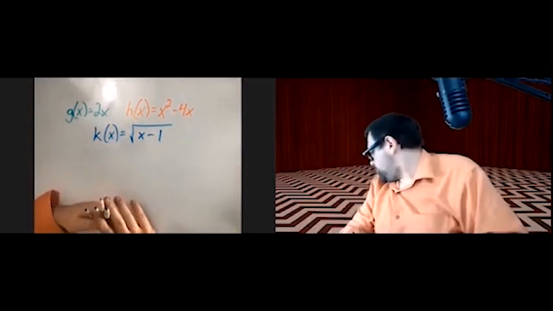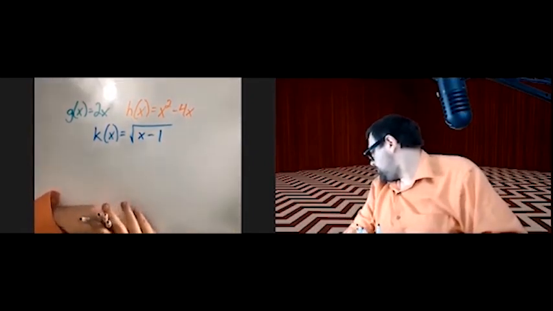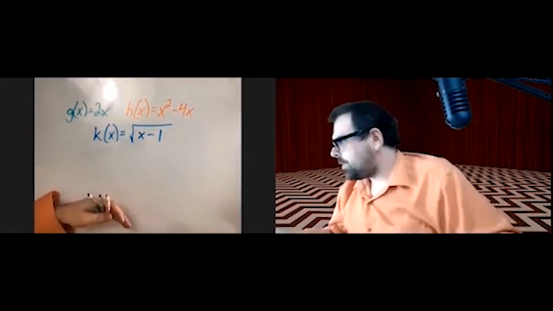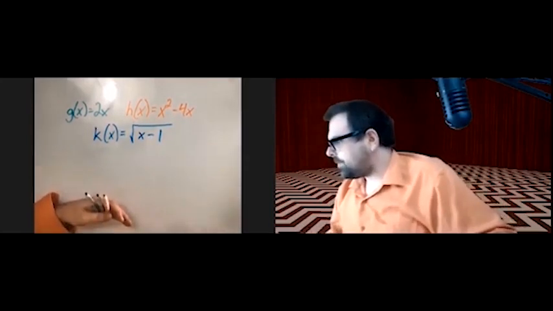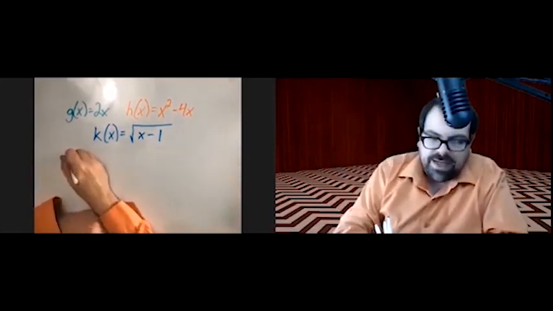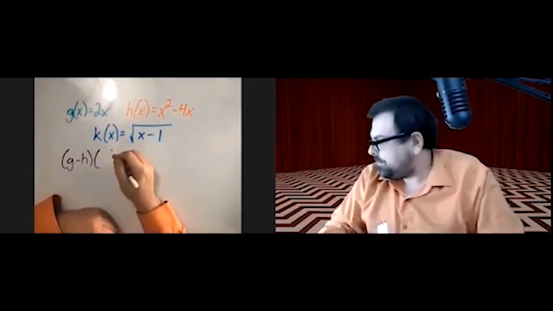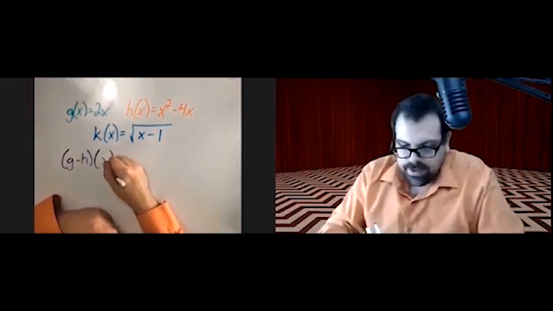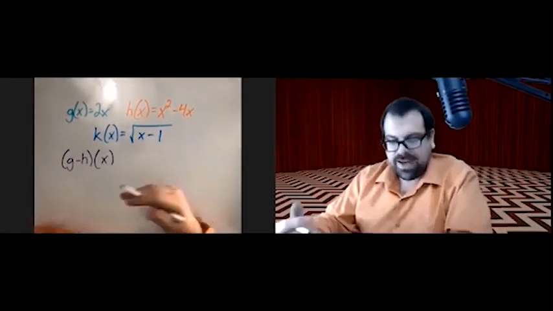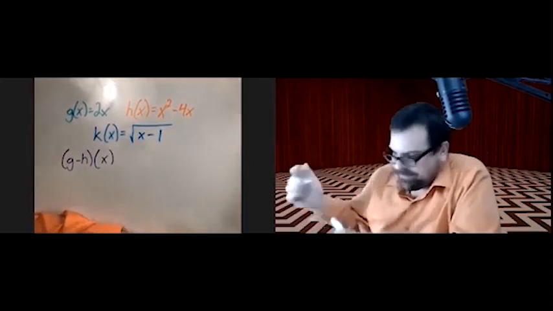Okay, let's do g minus h of x. And we're going to write the domain of it in interval notation when we're done.